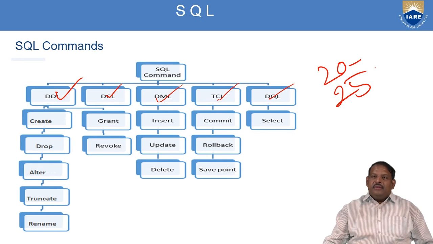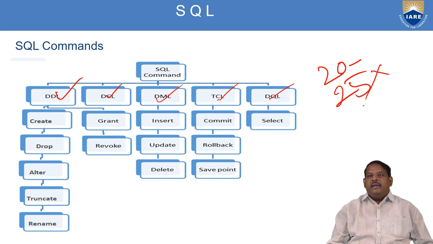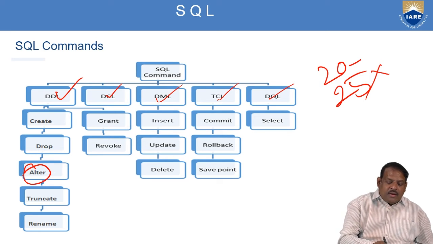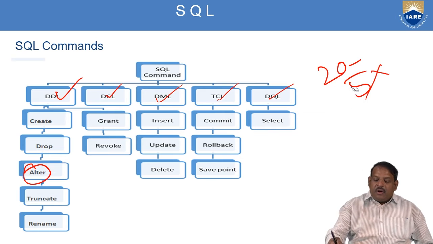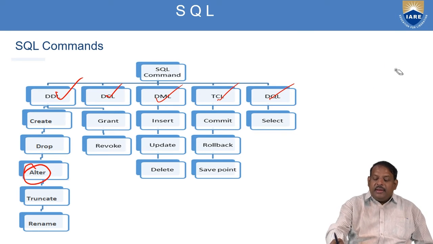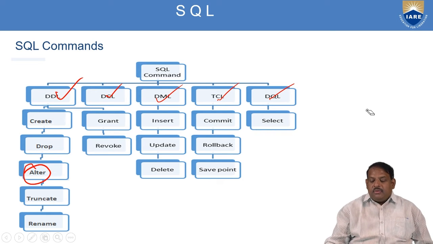So you cannot insert this data directly. In that case, we have to use the alter command to make changes to the structure. The alter command is used to make changes to the structure.